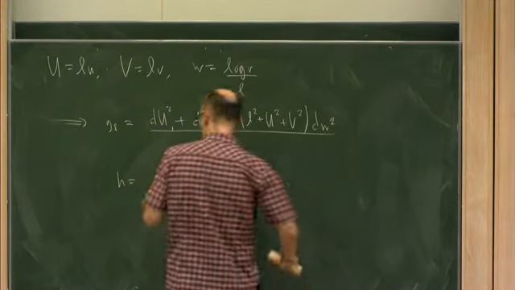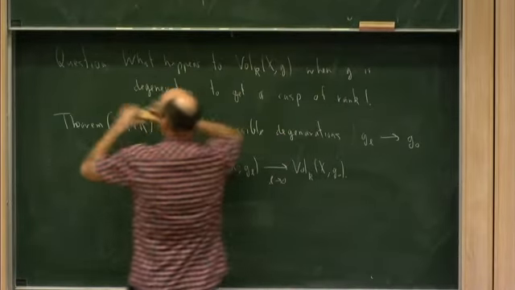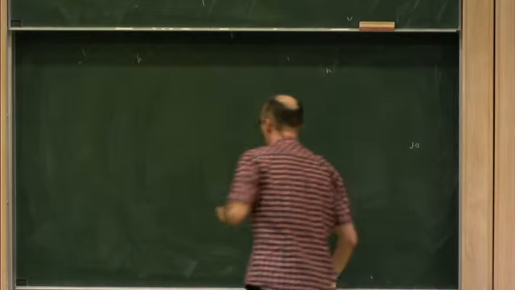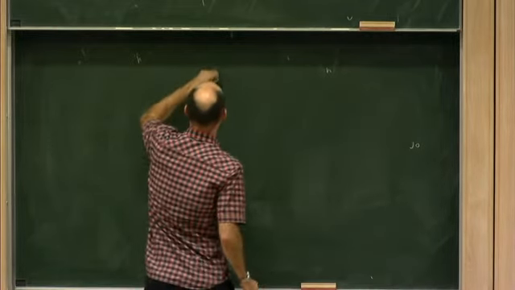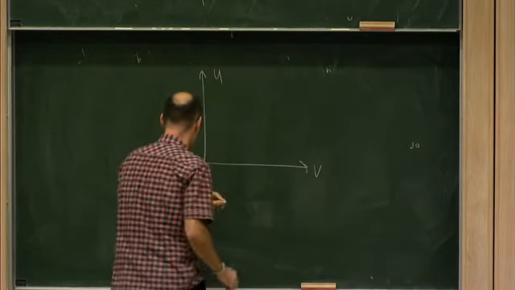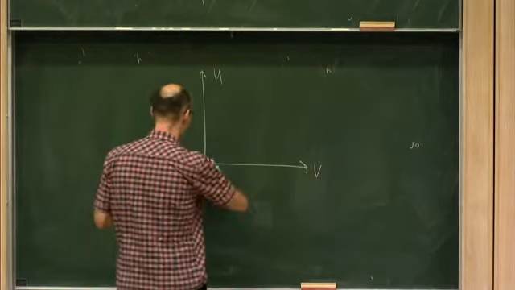And to get the result, I'll finish with this. I'll draw a picture. So in these coordinates, you have U, V, and now I'll add this parameter L, and you do the same thing. Instead of polar coordinates, spherical coordinates, you blow up the origin again.